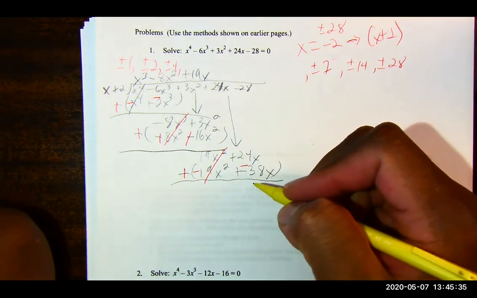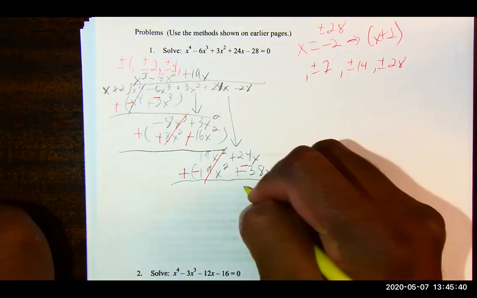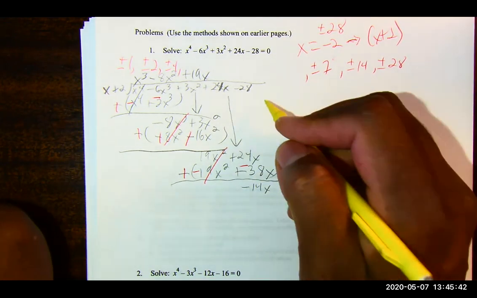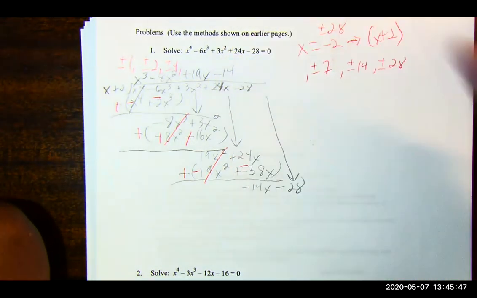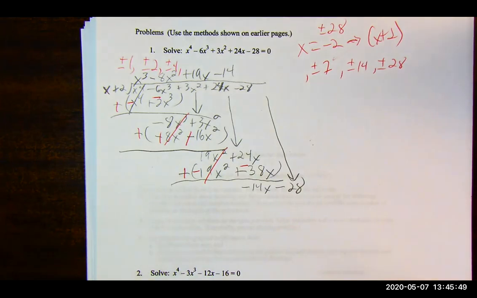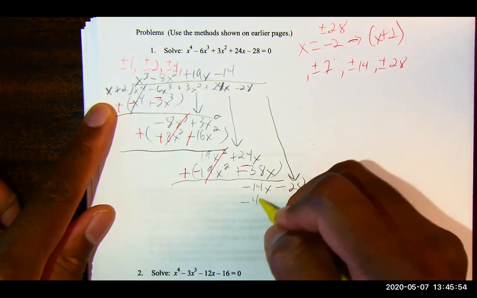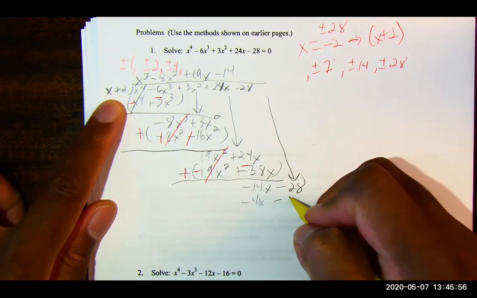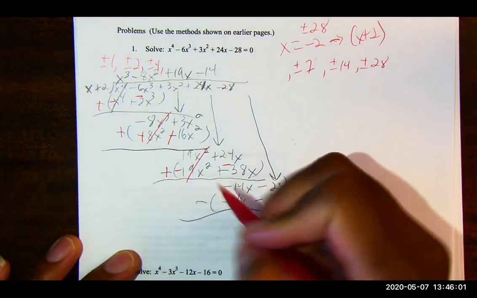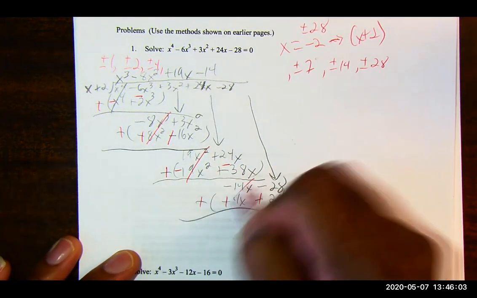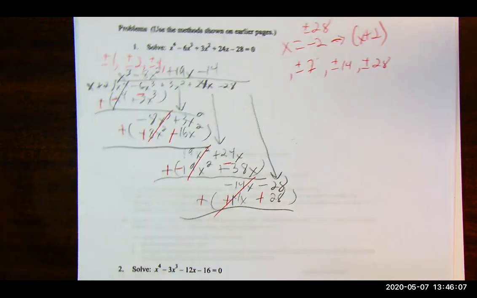Eight, 9, 10, 11, 12, 13, 14. Negative 14x, bringing down this negative 28. Negative 14x, negative 28. That should be negative 14 times x. You know it worked out because we got 0.